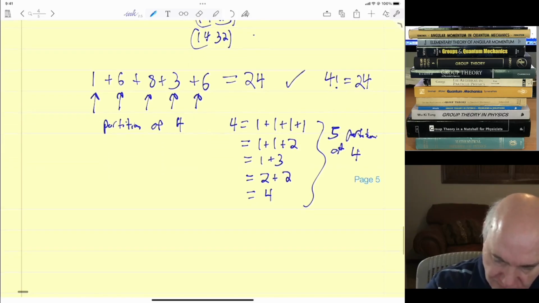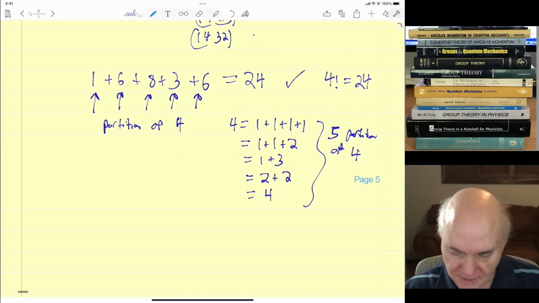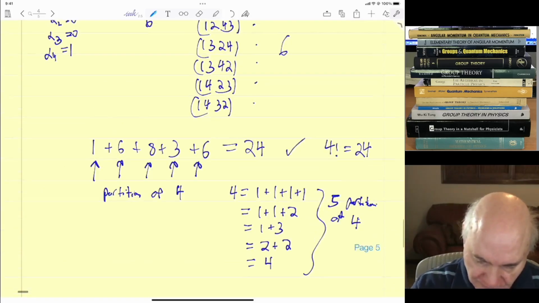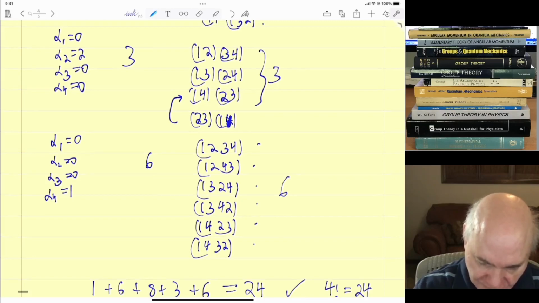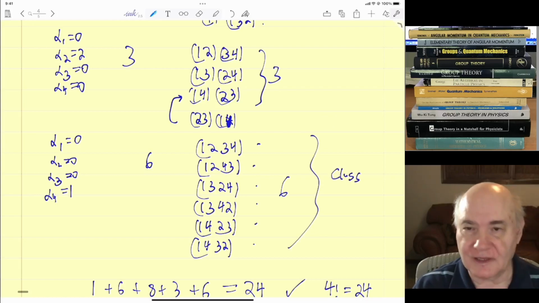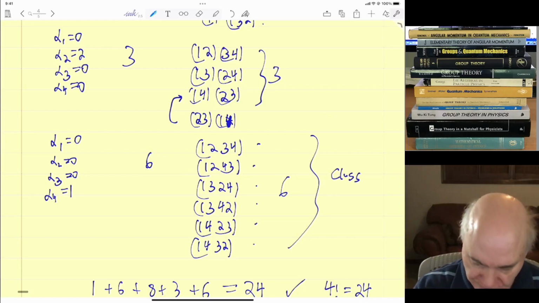And so in general, you might notice that each of these permutations that are in the same one are sort of like the same. So we call this a class. I'll give a more formal definition of class in the next lesson or two, but this corresponds to a class.